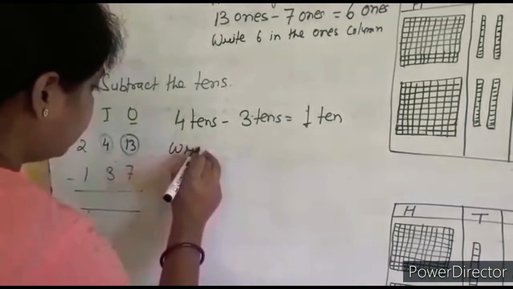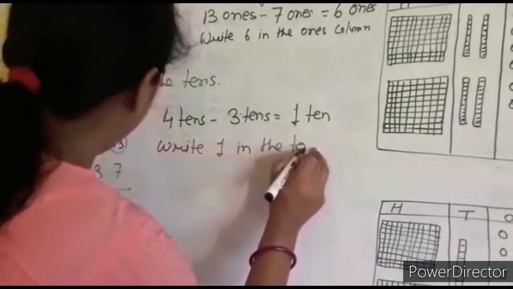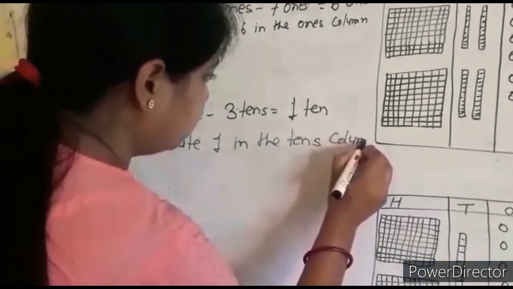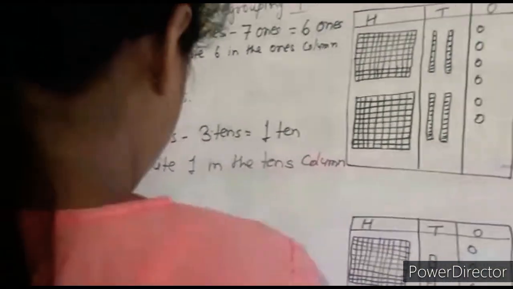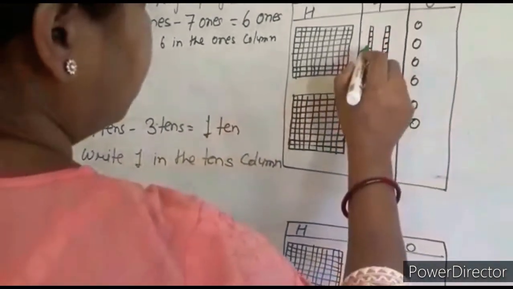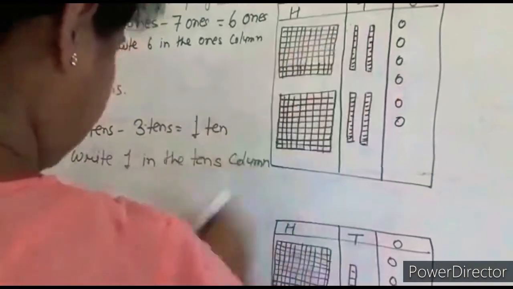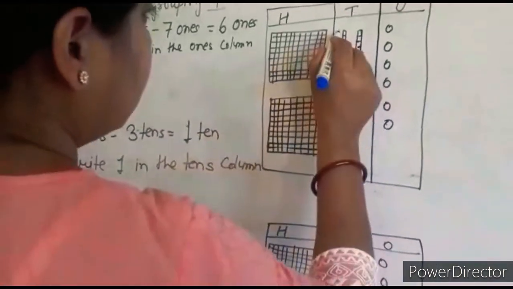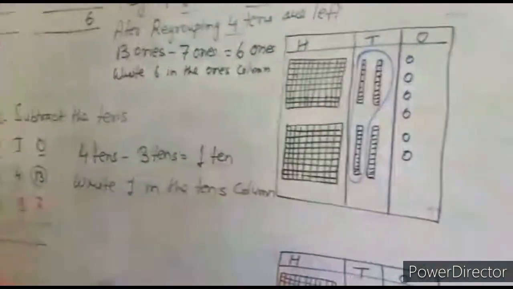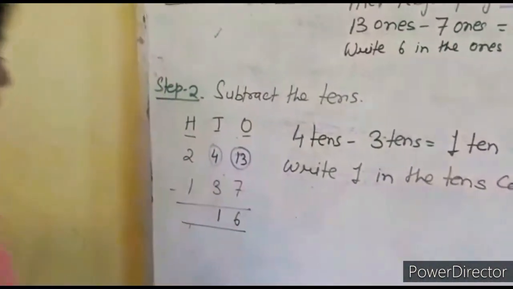Write 1 in the tens column. If we take 3 from 4, 1 2 3, only 1 is left. So here we will write 1 6.